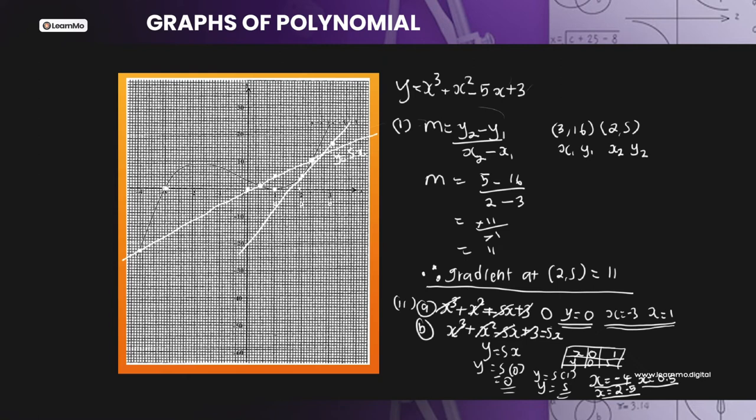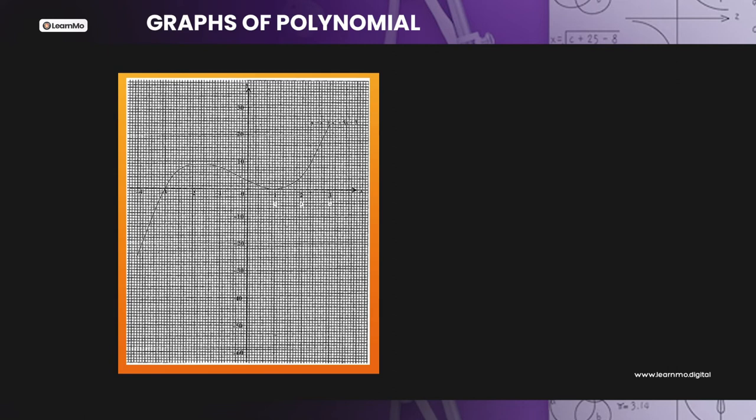Then lastly, it says find the equation of the tangent to the curve y is equal to x to the power 3 plus x to the power 2 minus 5x plus 3 at the point where x is equal to 2.